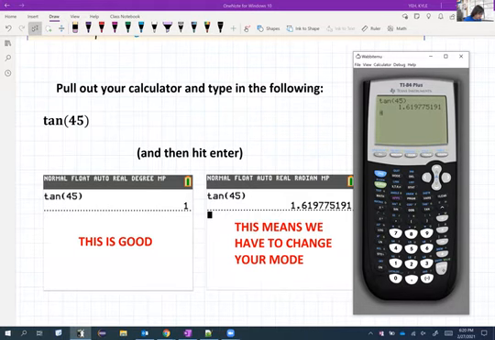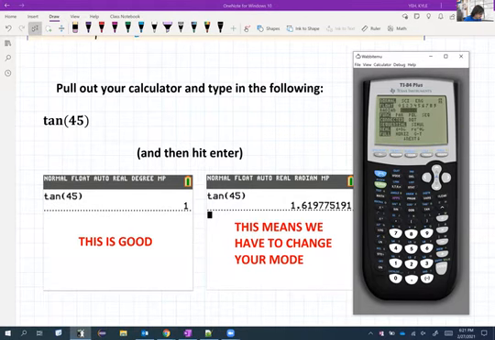On these TI calculators, you're going to hit the mode button right next to second, the blue one. You can see on mine the 3rd one down. It's usually the 3rd or 4th row down. You can see where it says radian, and radian is highlighted. I'm going to go down, go right to degree, and hit enter. Now degree should be highlighted, putting this in degree mode.